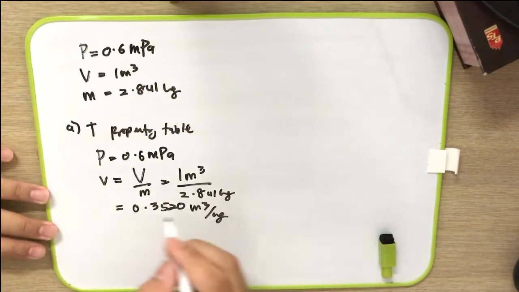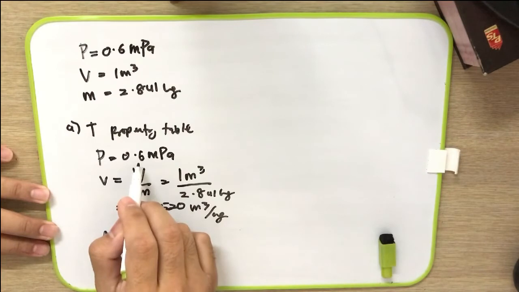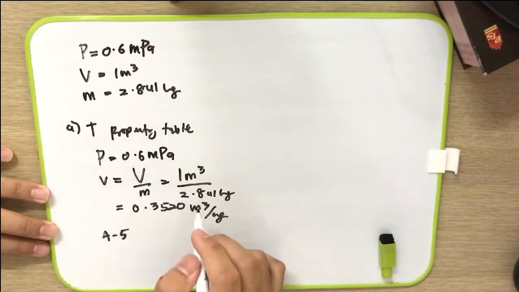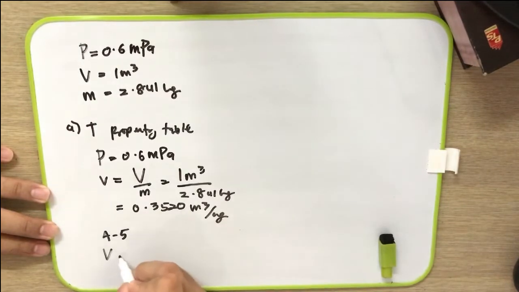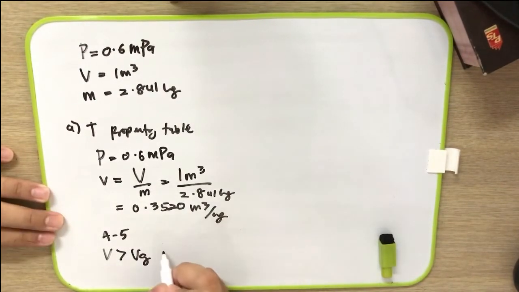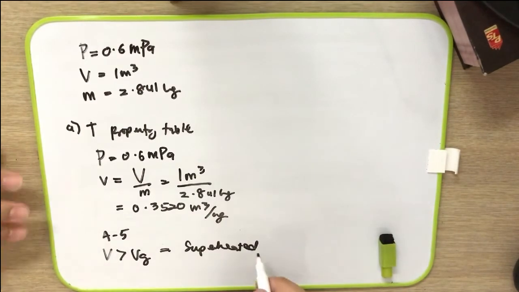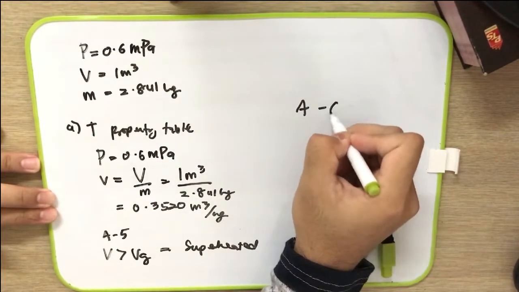So we go to table A5, we check at pressure 0.6 megapascal or 600 kilopascal. After we have checked, the V here is over than Vg. So according to the first condition, it is superheated. Because it is superheated, we have to go to table A6.